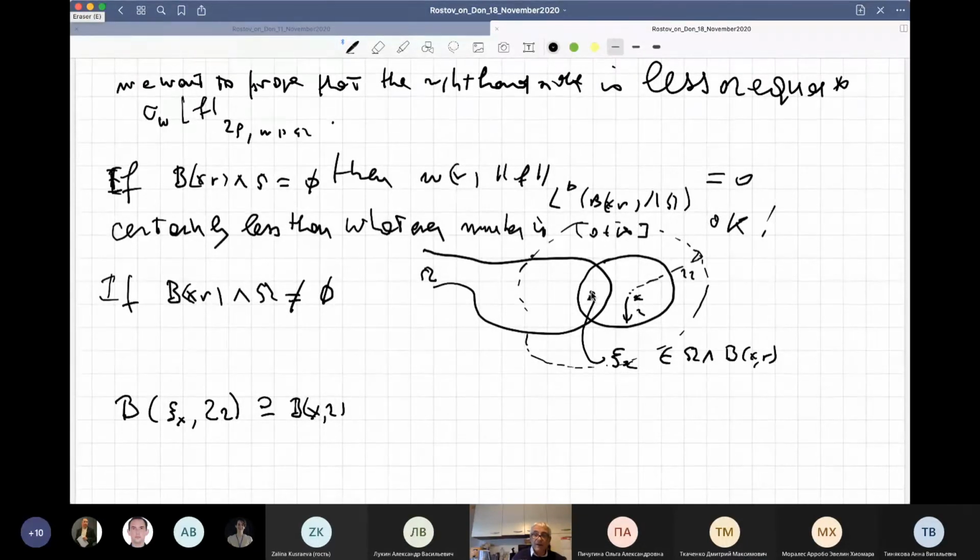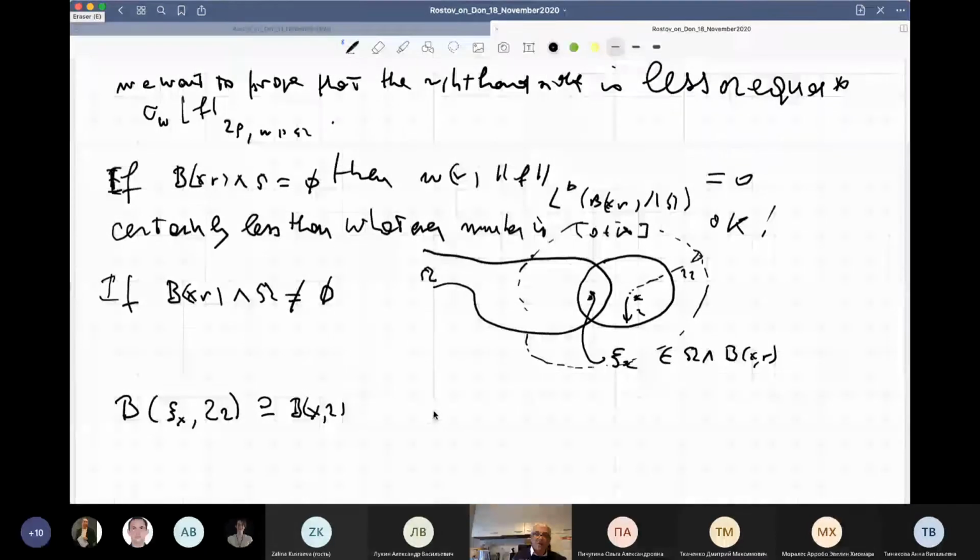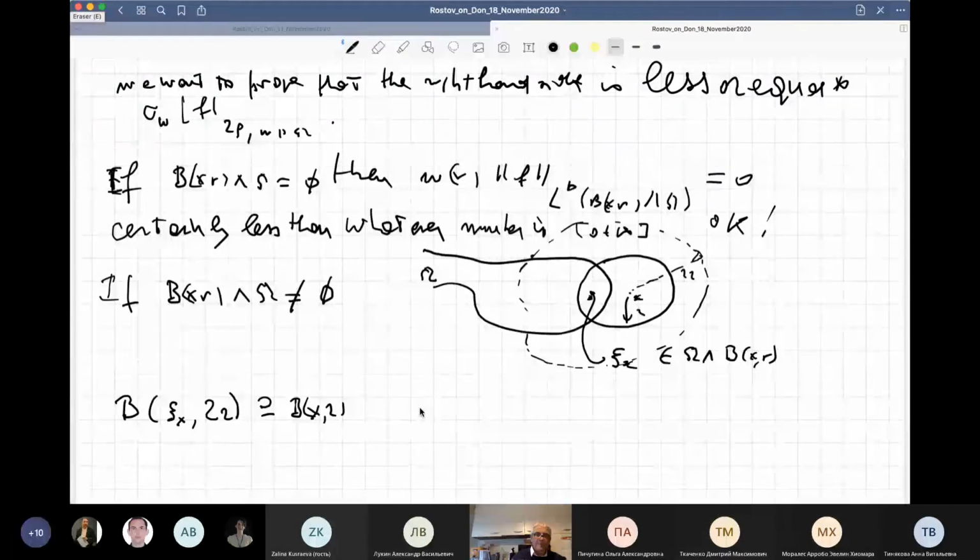So if you make a big ball here with center here, okay? Why did I do it? I do it because x is not necessarily in omega, maybe it is outside. And instead, when I want to estimate in terms of the norm of f in L^p_w(omega), I must be using points of omega.